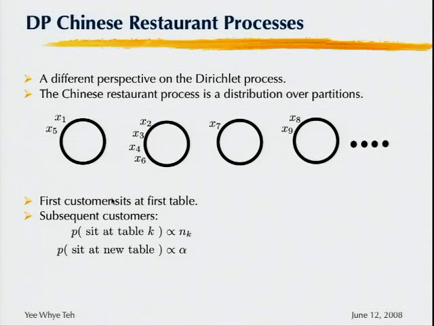Now for each table, we can associate a parameter for the cluster, which we can draw from a base distribution H, and then the corresponding data point xi will simply be drawn from some distribution parameterized by the cluster parameters. Okay. So this gives us basically a Dirichlet process mixture model. This is for a Dirichlet process. What's the difference in the Pitman-Yor process?